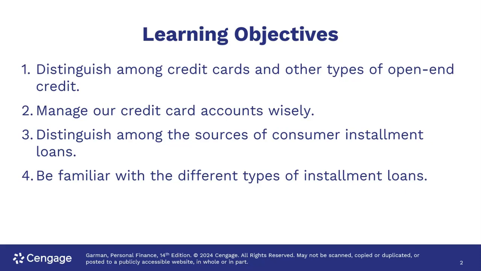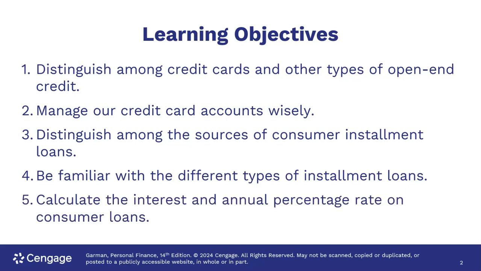Be familiar with different types of installment loans. Then finally, we're going to calculate interest and annual percentage rate on consumer loans. We're going to calculate them on three different kinds. There will be an Excel example published shortly.